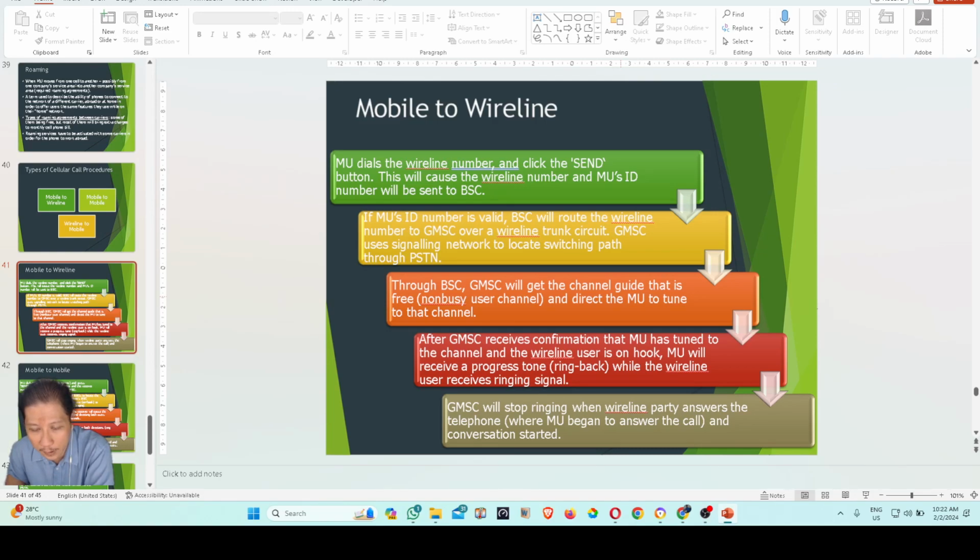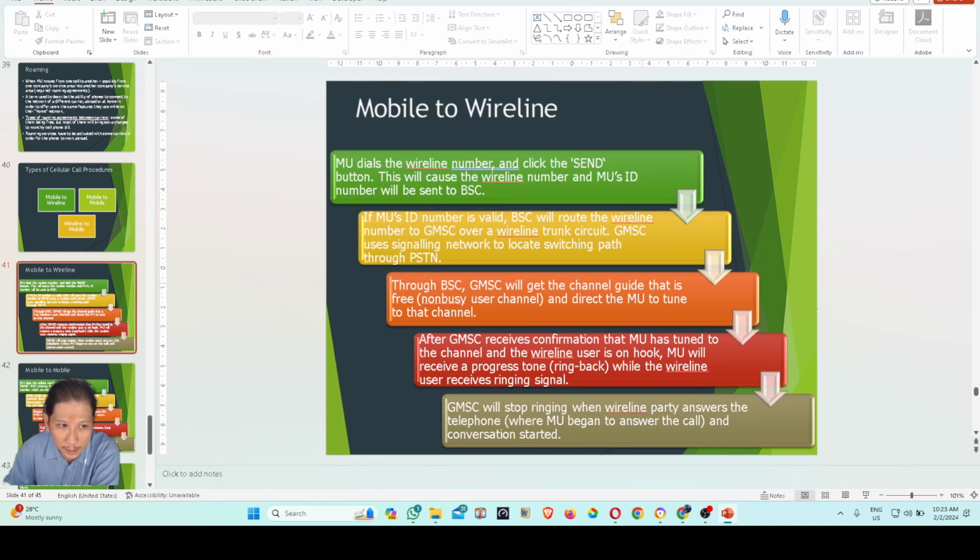For example, if you want to call your colleague on the other side, it must go to PTS and must go to MTS, MSC and GMSC lah. And then GMSC will stop ringing when the wireline party answers the telephone lah. Kalau kamu hang up telefon tu, dia akan stop lah, stop the functions lah. Okay, and the mobile unit begins to answer the call.